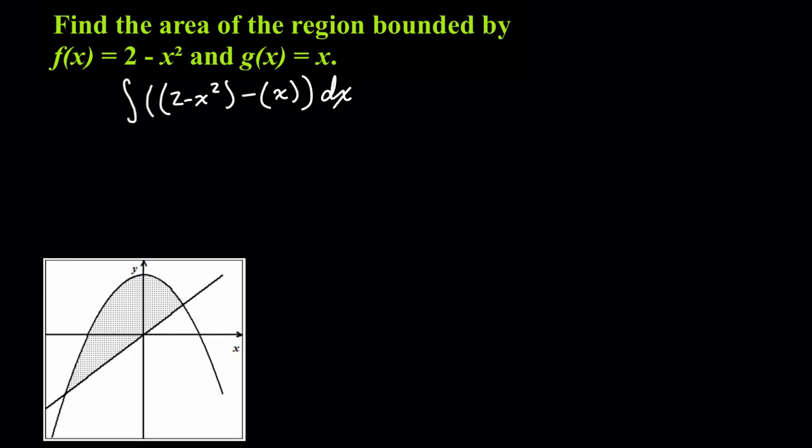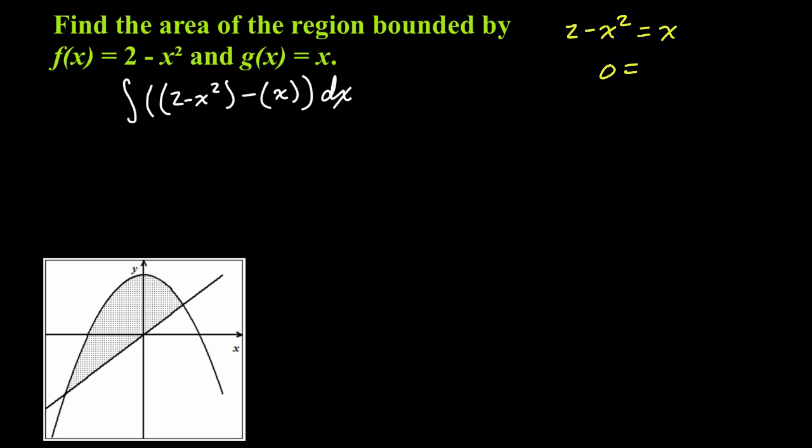Now, as far as our boundaries for this integral, that would be between this x value and this x value over here, where these two graphs intersect each other. Those two values were not given to us, so we need to calculate them, and we will do so by taking 2 minus x squared, setting it equal to x to find that point of intersection.